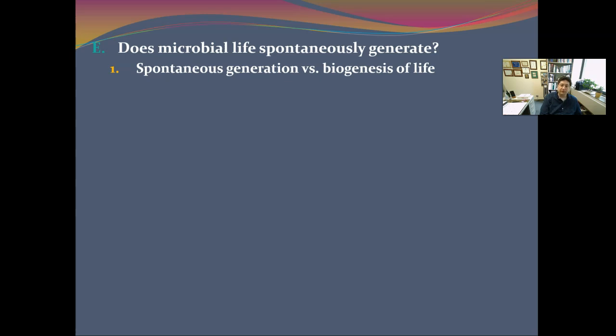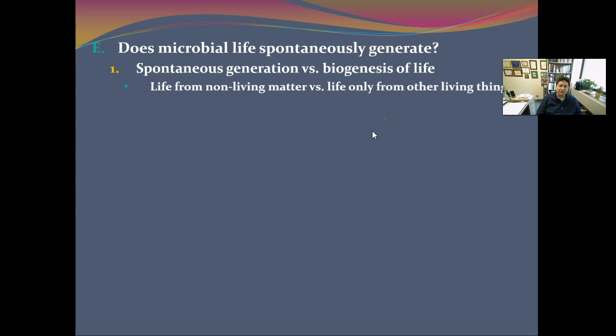So for most of human history, people had a belief in spontaneous generation. Spontaneous generation is the belief that life can come from non-living matter. Like life just spontaneously arises or generates from non-living things. Biogenesis is more of the modern concept where life only comes from other life.